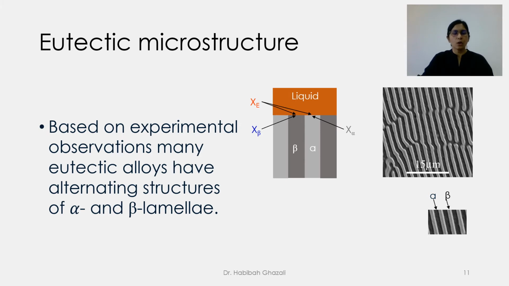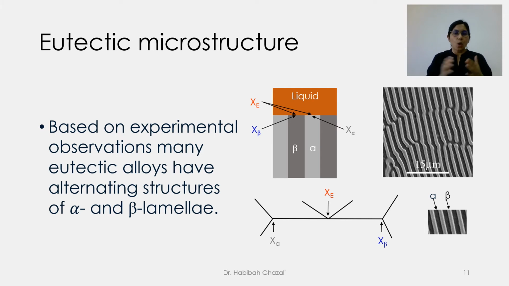If we go to our section in the eutectic diagram, we see the composition of the alpha phase indicated by the gray arrow, the composition of the beta phase indicated by the blue arrow, and the composition of the eutectic given by the red arrow.